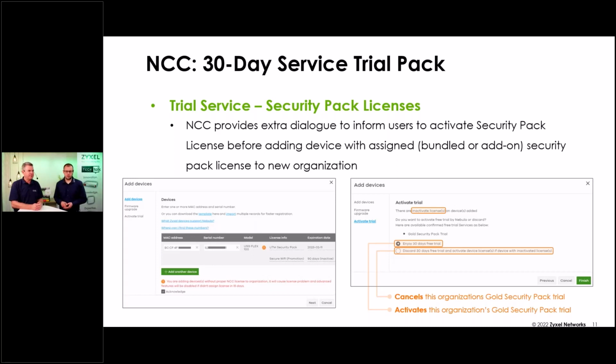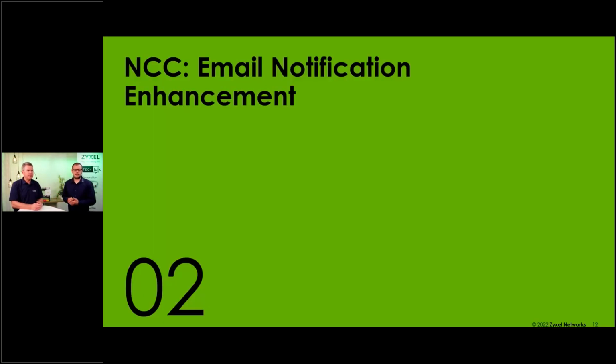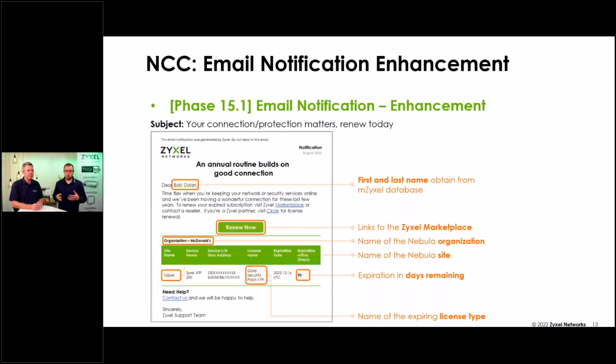All right. Now, let's take another look at the next enhancement that we did with the email notification. What do we mean by that? Before phase 15.1, when you had a license that ran out, be it Zyxel, be it Nebula, or any other service that we give you, you just got an email like, okay, your license ran out, but no further explanation, which license, which device.